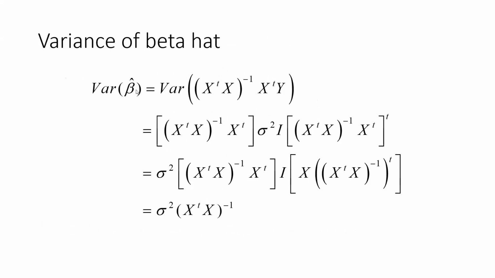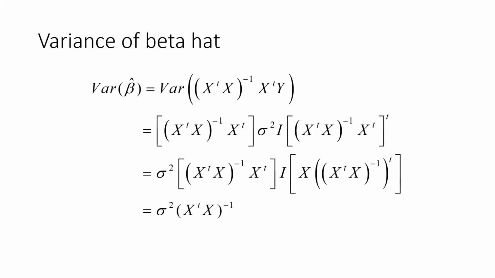The variance of the estimator of beta hat is this term here. So before we had assumed the variance of epsilon is sigma squared. We had found out that the variance of y is sigma squared, the same thing. The variance of the estimator of beta is sigma squared times something.